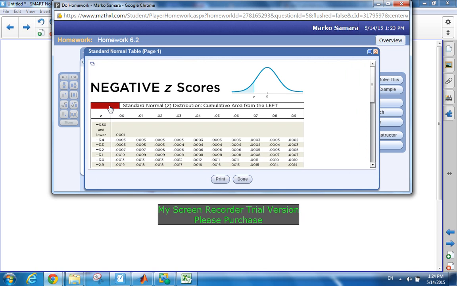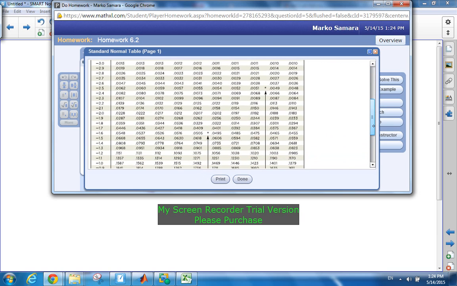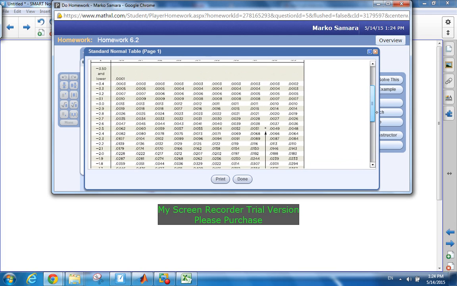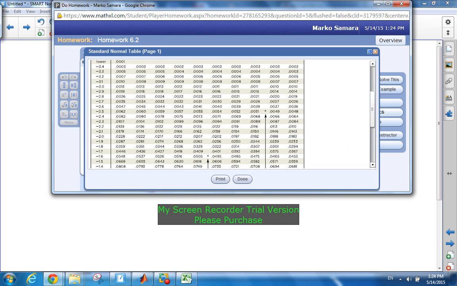So negative 1.42. The reading is similar as for the positive one. So 42: this is 0 in the second decimal place, 1, and this is 2, so this is the 0.02 column.